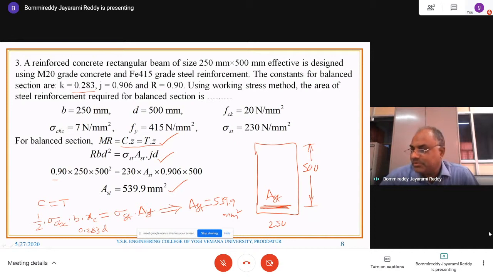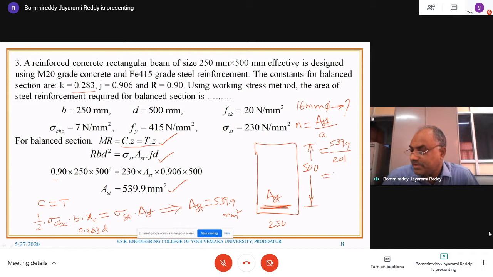And sometimes, as an extension of this, the question may be how many 16 mm dia bars are required. So how do you get the number of bars? The number of bars will be AST divided by the area of each bar. So 539.9 divided by the area of each 16 mm dia bar.